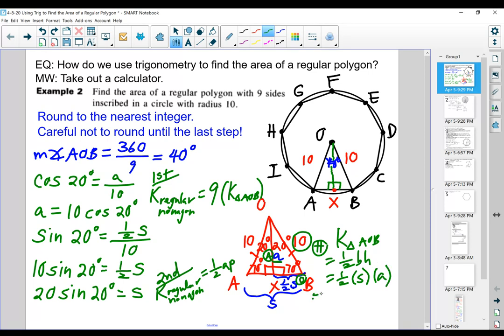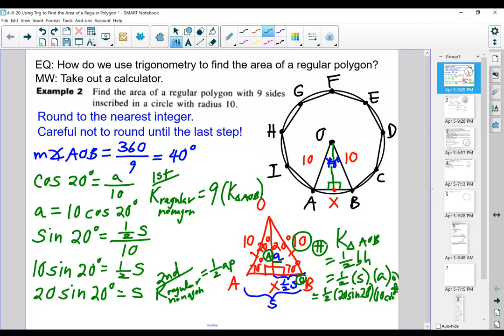So if we were writing the expression, it is half, 20 sine 20 degrees, times the 10 cosine of 20 degrees. Put that all in there. Close that parentheses. Now is maybe not the best time to use the calculator yet, because we still have to multiply by 9 when we are trying to find the area of the nonagon. So let's keep that as an expression.